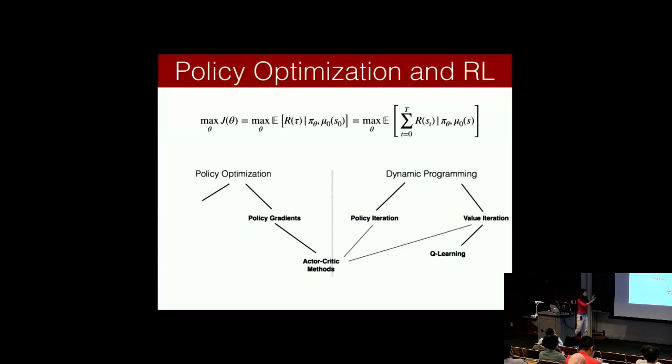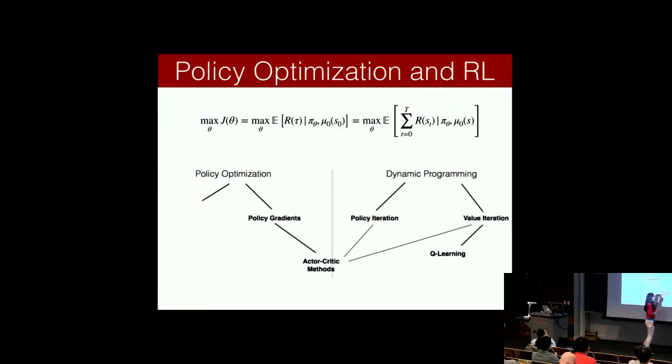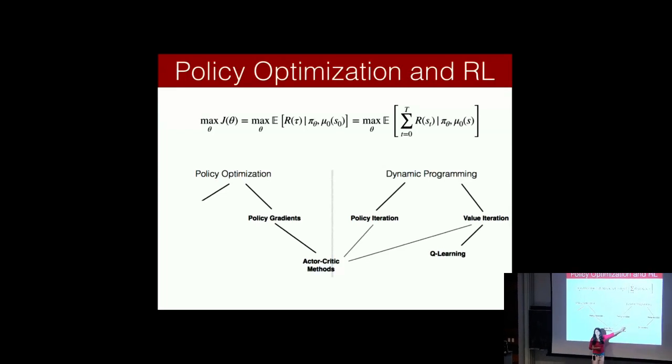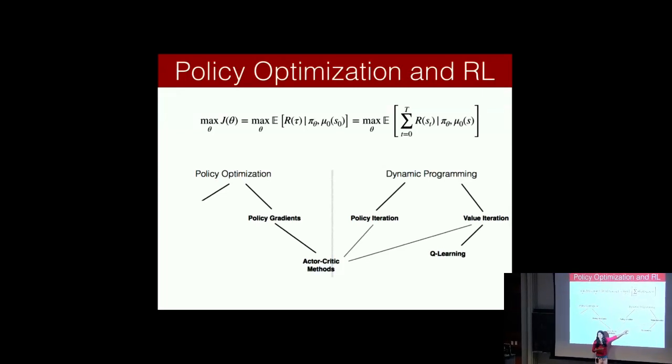We have seen two sets of methods. On the right are methods that try to estimate value functions, state value functions or state-action value functions. Essentially they're all about applying the Bellman updates, and they are all versions of dynamic programming.